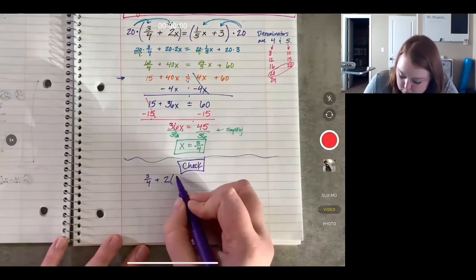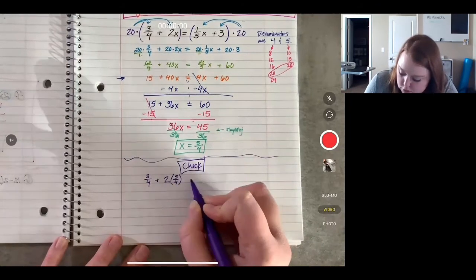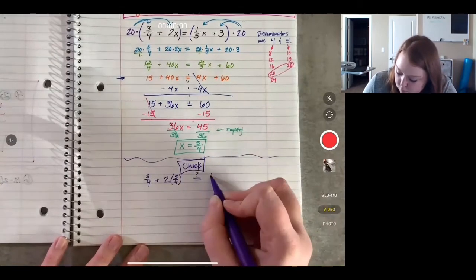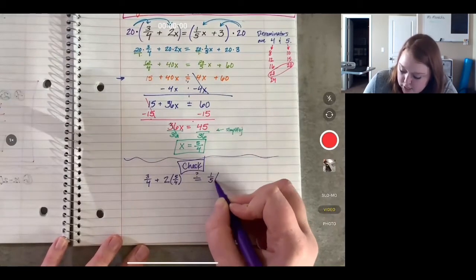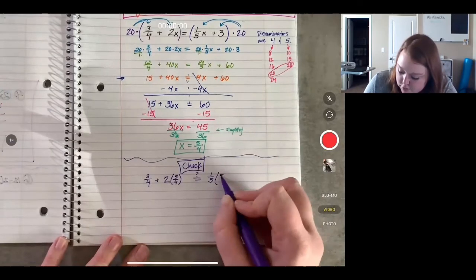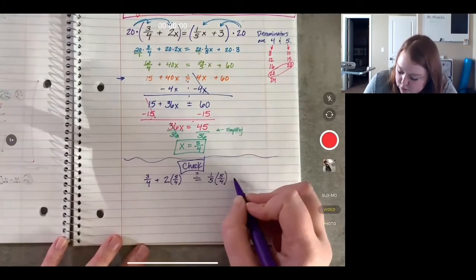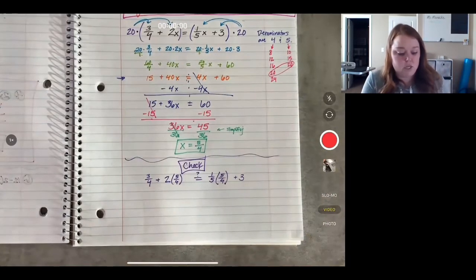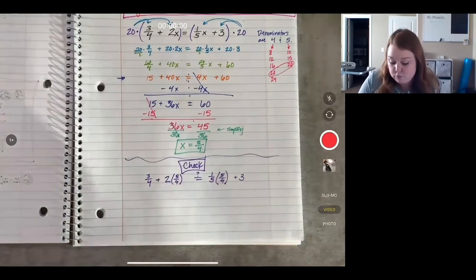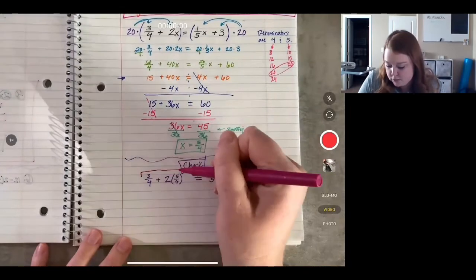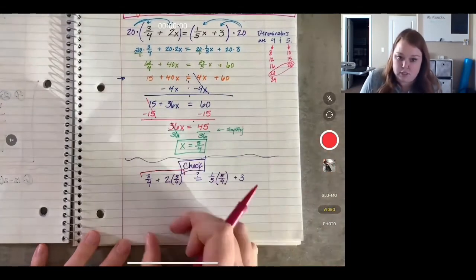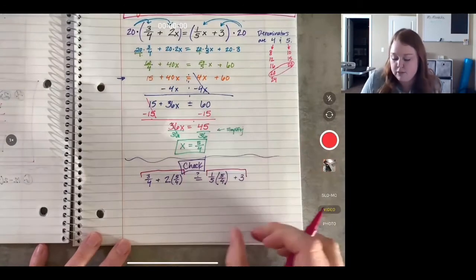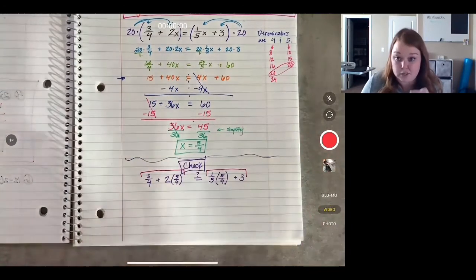I'm going to do 2 times 5/4, which hopefully equals 1/5 times our answer plus 3. So on a check, we're going to use order of operations on the left, get some number. Then we're going to use order of operations on the right, get some number. And we're crossing our fingers that they're equal to each other.